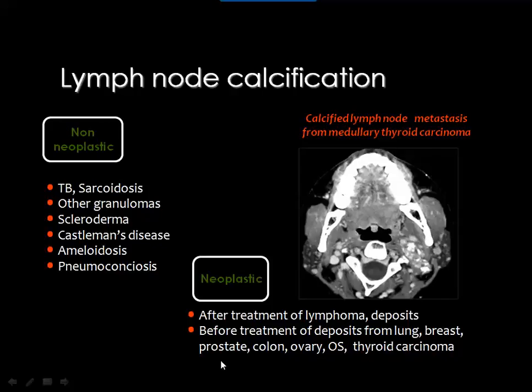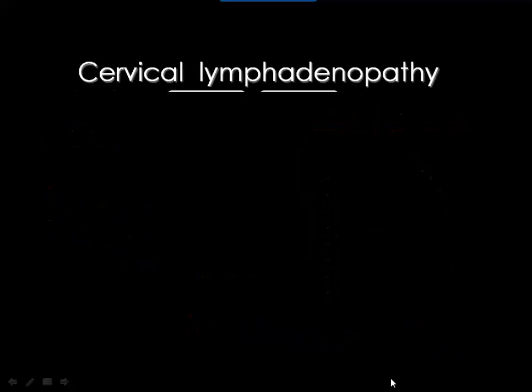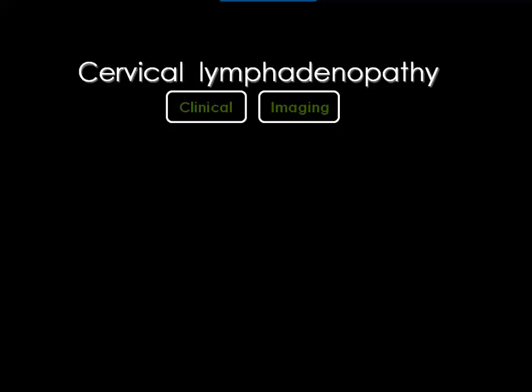Also, the prostate and the colon, especially the mucinous adenocarcinoma of the colon, give calcified metastasis. In cases of lymphoma and metastatic nodes after treatment, they may show some calcification, which may indicate a process of healing.